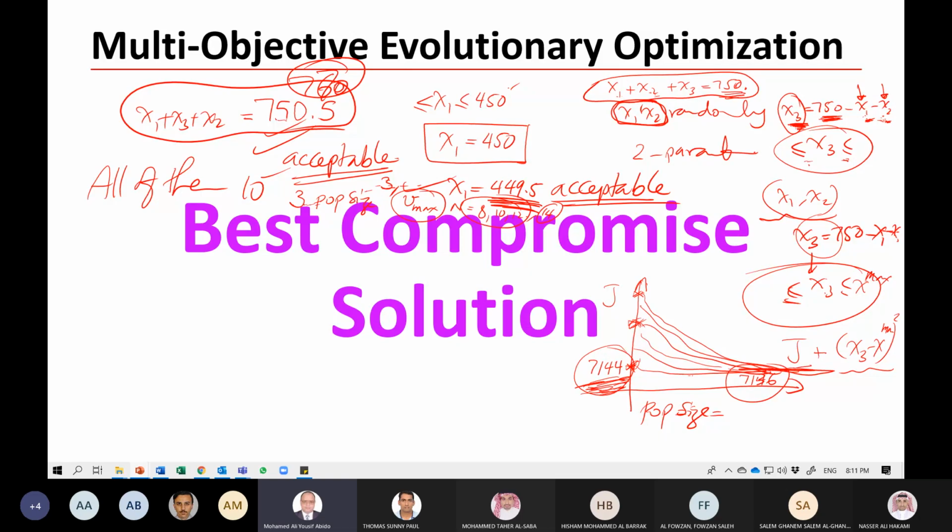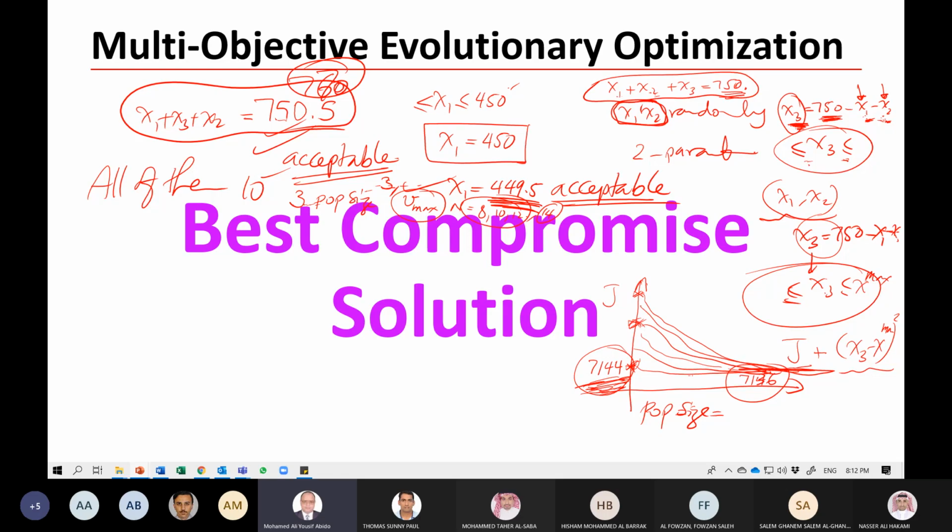Last class we discussed some of the conventional or traditional techniques for multi-objective optimization, where the problem is converted to single objective with some weights and so on. We discussed three methods: weighted sum, goal programming, and the epsilon constraint method.